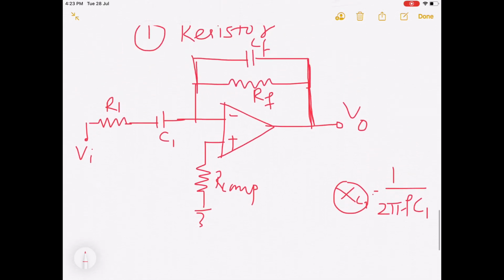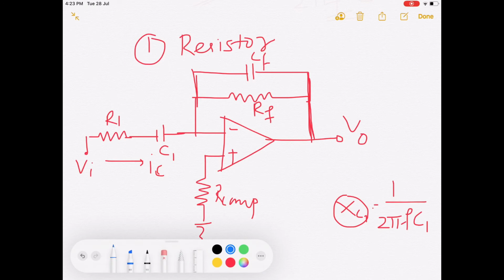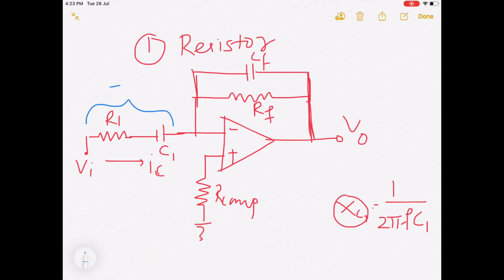Now, here the current IC is flowing through this, okay. Then this part is known as Z1, and this part is known as ZF. Okay, then the current flowing through Rf is IF1, and the current flowing through the capacitor is IF2.